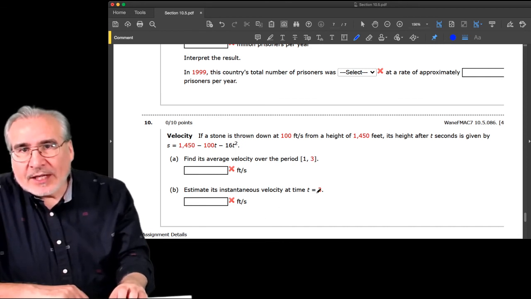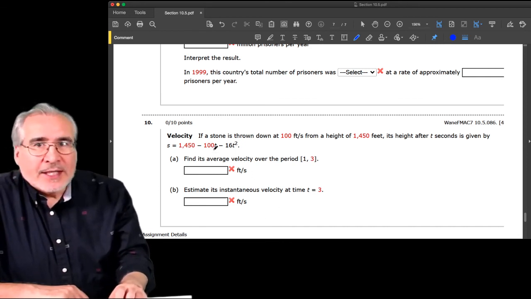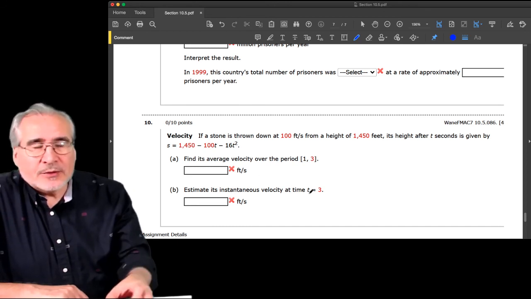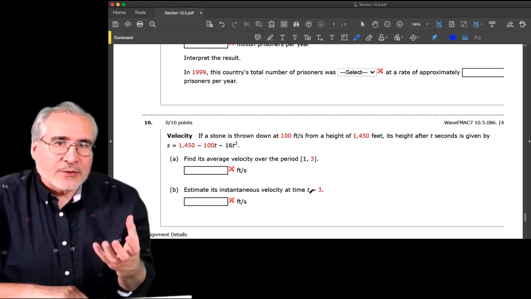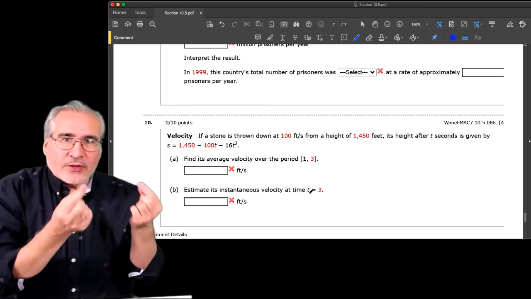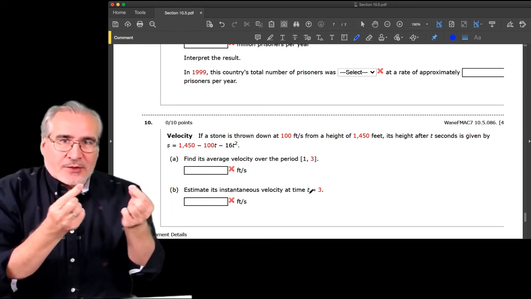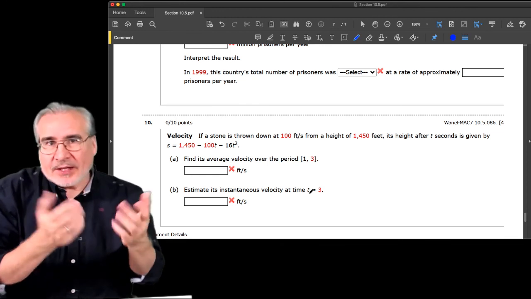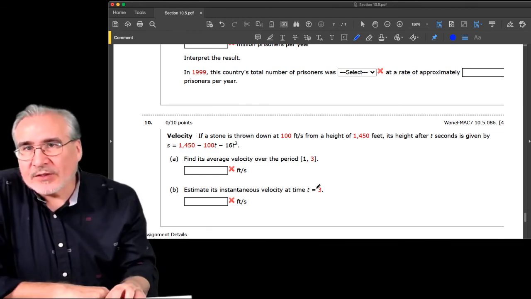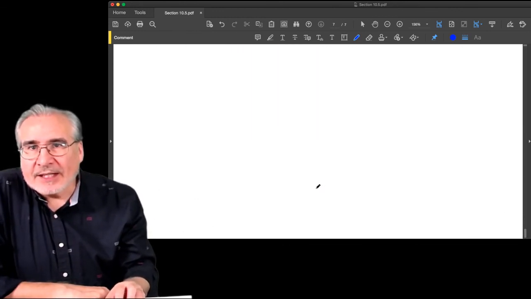To get the instantaneous velocity at time 3, again, I would use the calculator. Plug this in, use the calculator's tool, because remember, what the calculator tool is using is that two-sided, balanced approach to finding the limit. It actually has it programmed in there. So again, I would use that and keep moving forward.